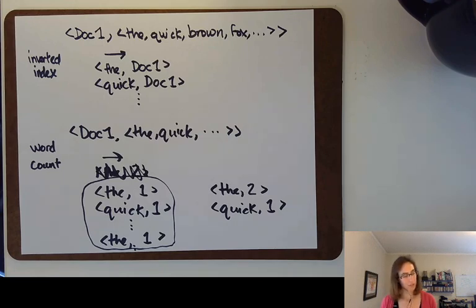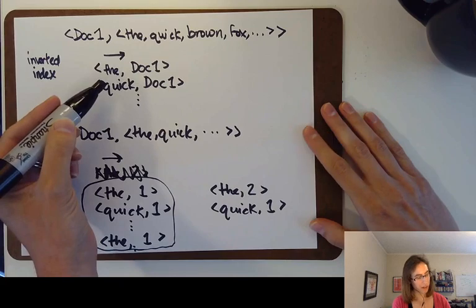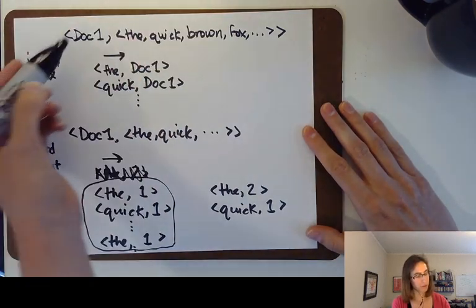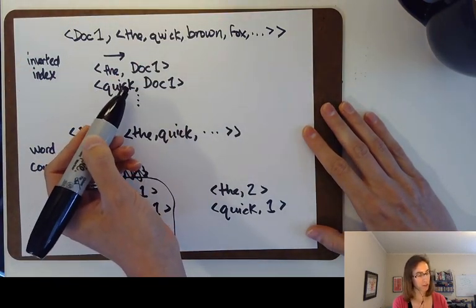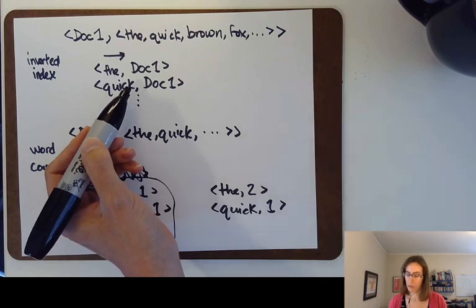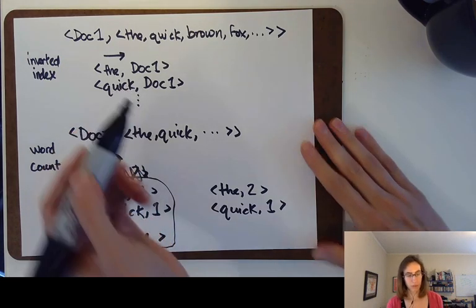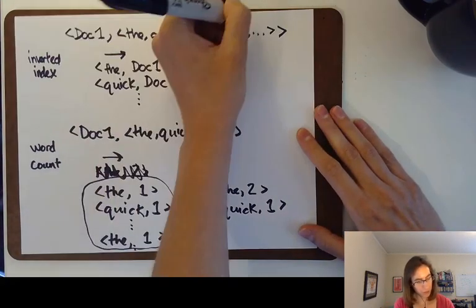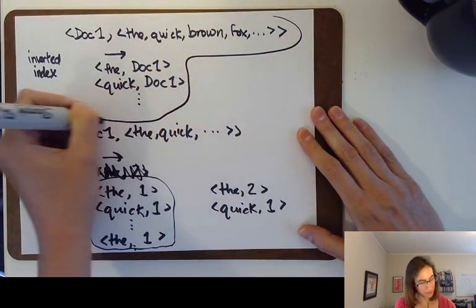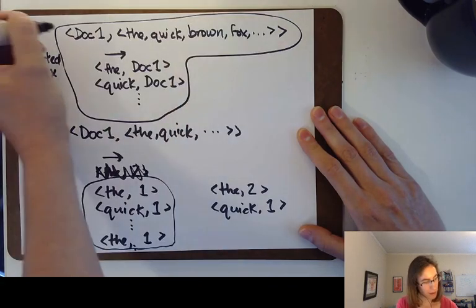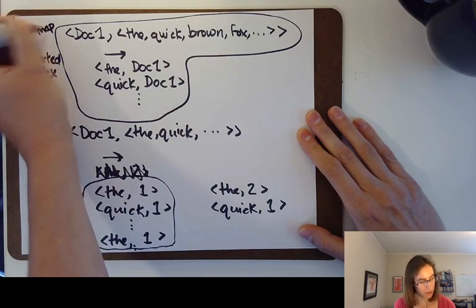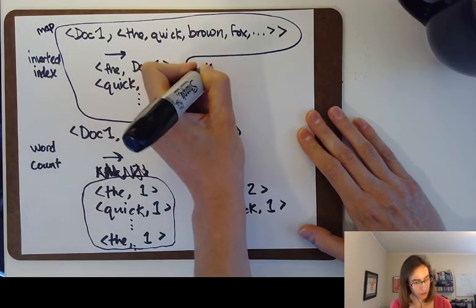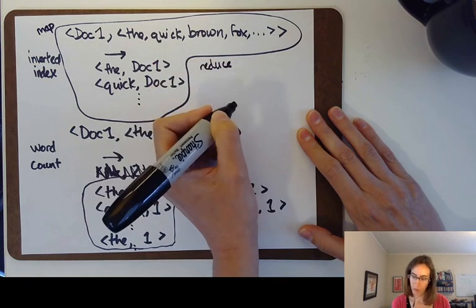So this was the type of the map function for inverted index, or this was an example of inputs and outputs for the map function for inverted index. What would it be for the reduce function? For reduce, what would it look like?